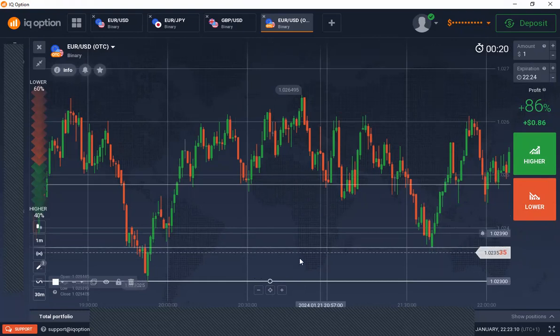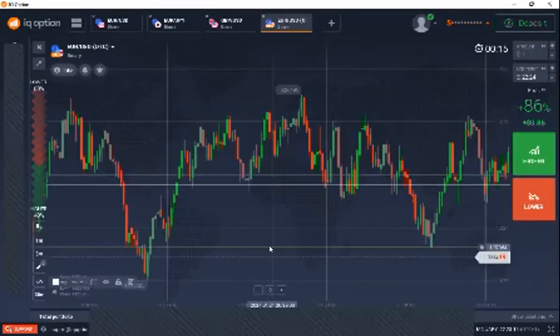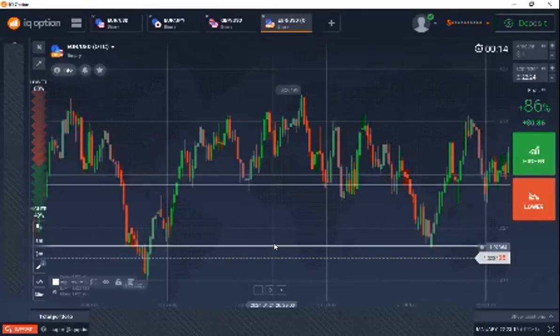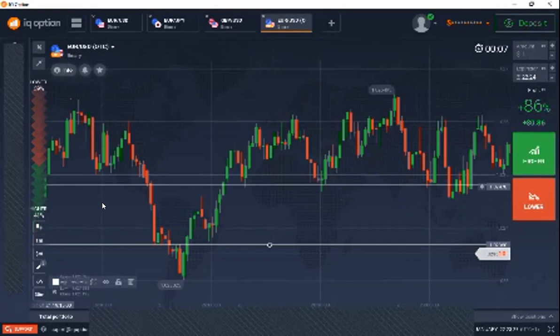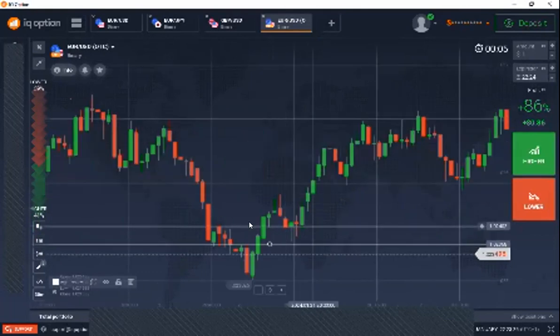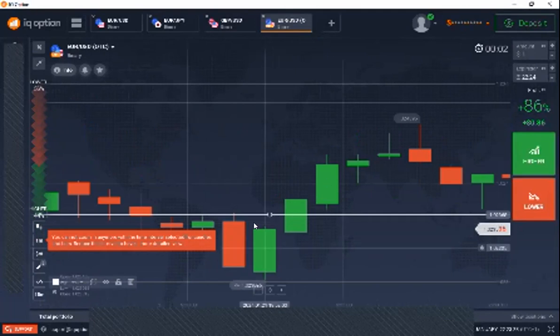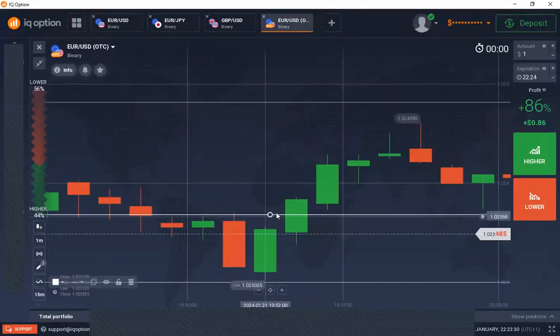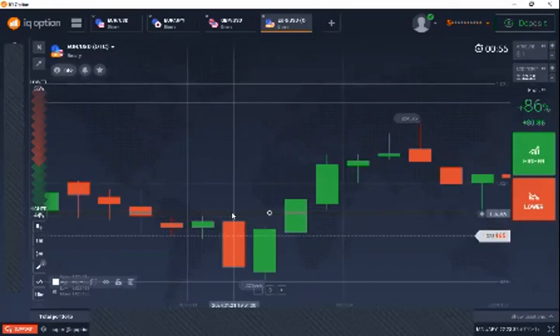This one I'm talking about, because if I want to draw the zone perfectly, I'm going to adjust the line and place it at the body. This is the last red candle before this bullish movement. So I'm going to adjust the line, place it at the upper shadow of the candle. Sometimes you can place it at the body.